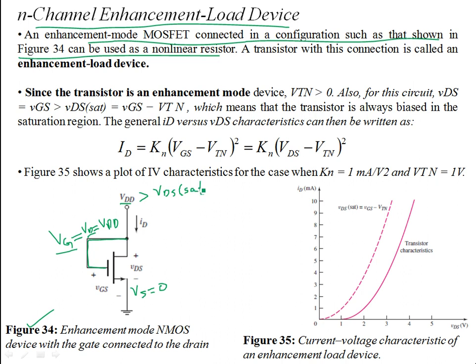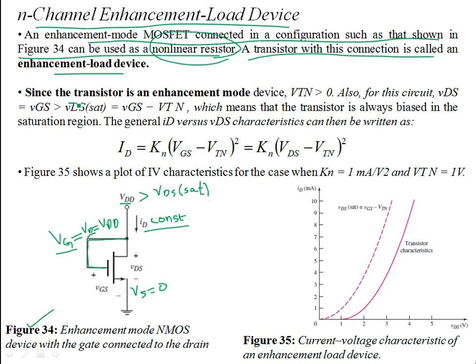So for the enhancement N-channel MOSFET with VDD greater than VDS sat, you have a constant ID current, which can be controlled with VDD. The transistor with this connection is called an enhancement load device, or you can see this as a nonlinear resistor.